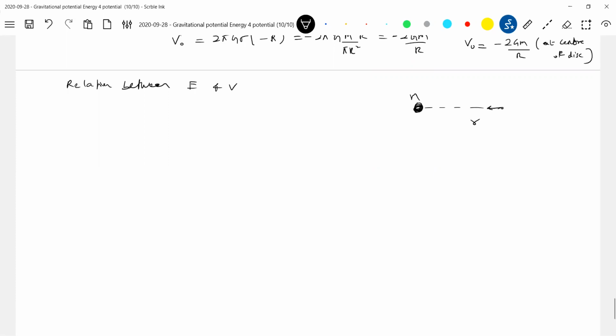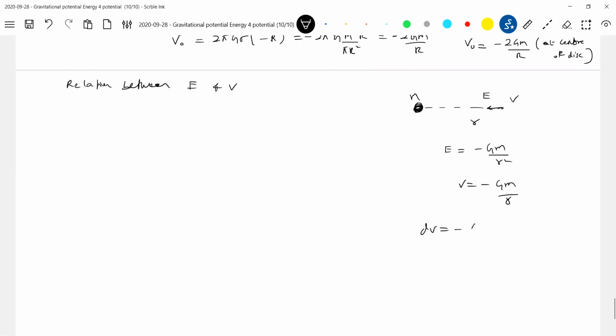What is the field strength at a point? What is the formula? Minus GM by r square. What is the formula for potential? Minus GM by r. Let me differentiate this, dV. If I differentiate, what do I get?